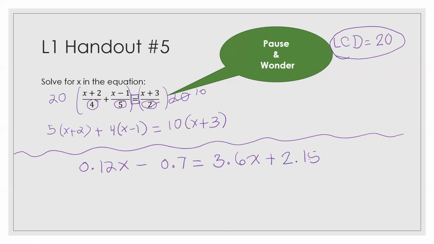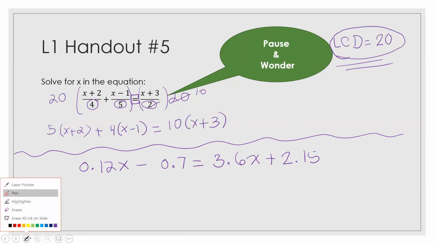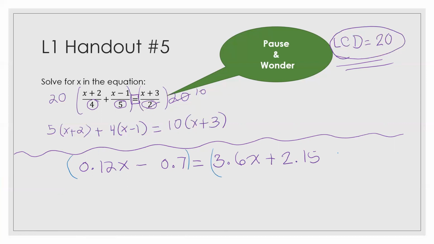Okay, so we have just learned that when you have fractions, you multiply both sides by the least common denominator to clear the fractions. Well, how do you clear decimals? What do you think is a good trick here? Okay, pause and think about it.